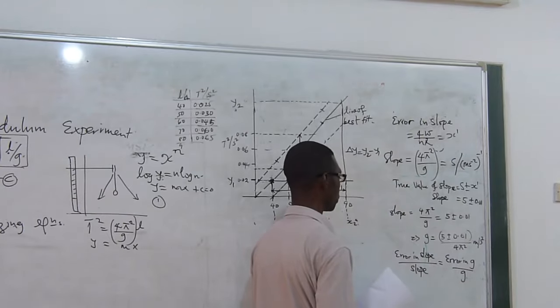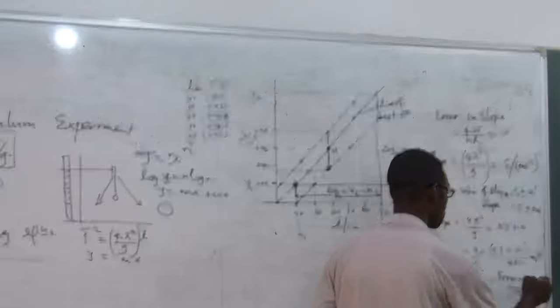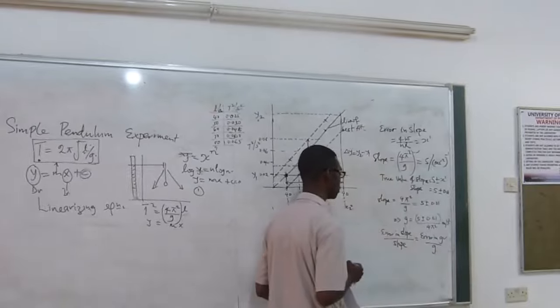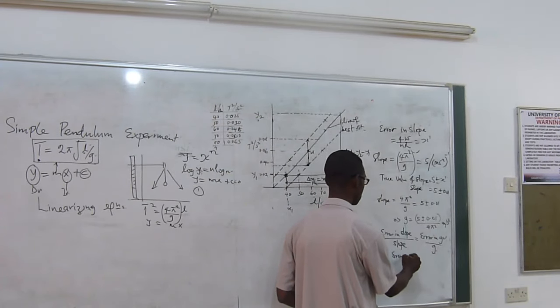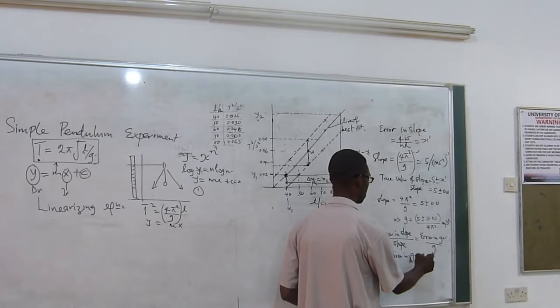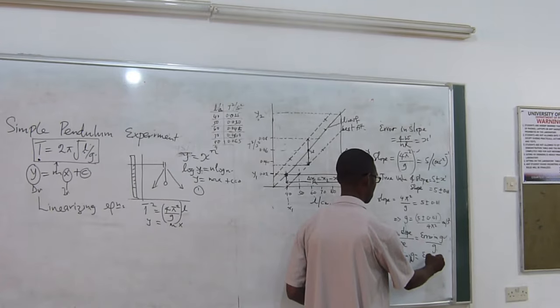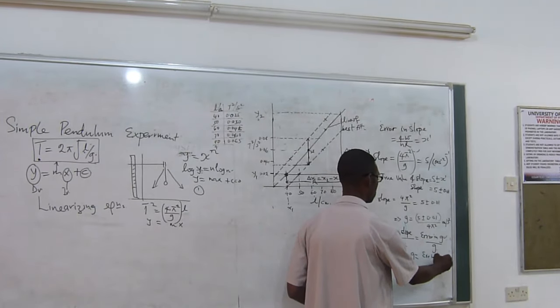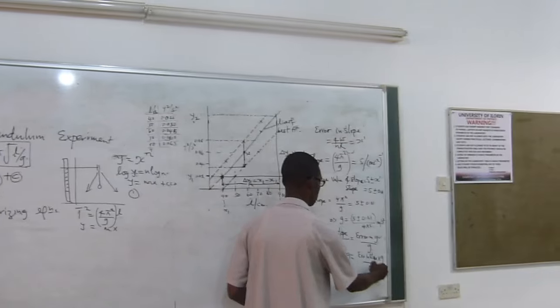So with that, if you want to find the actual error in g, you can make that the subject of the formula. Error in g is error in slope times g over slope.